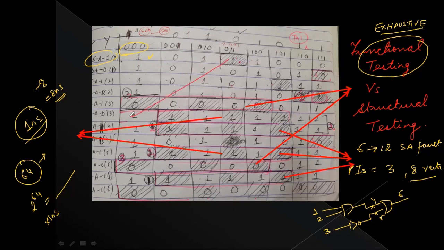It is this, that is stuck at 1 at node 1. The second one is stuck at 0 at node 3. Next is stuck at 1 at node 5. And then we have here this also.